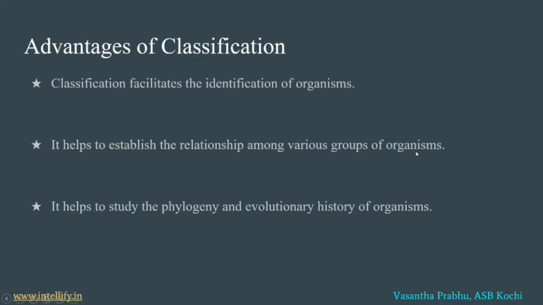By using a classification model, we can separate different groups. After classifying all the different data, we will have different classified things. With that, we can establish a relationship among them. So it is very useful to find the relationship among the classes.